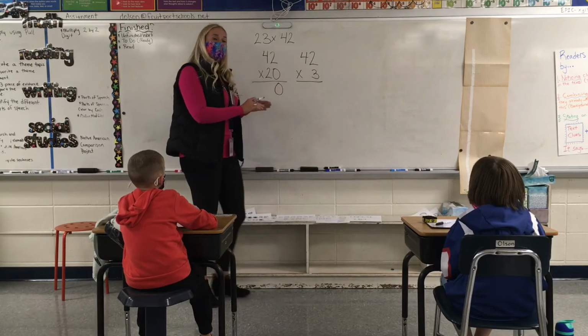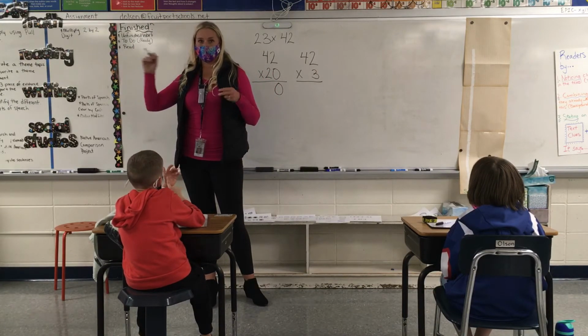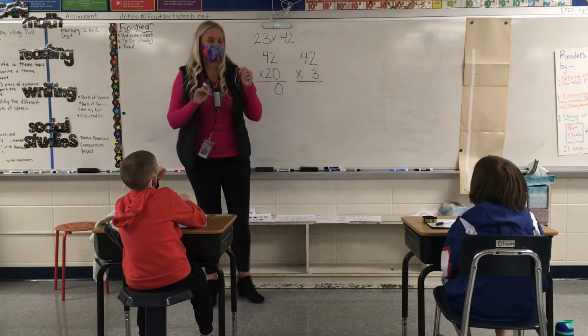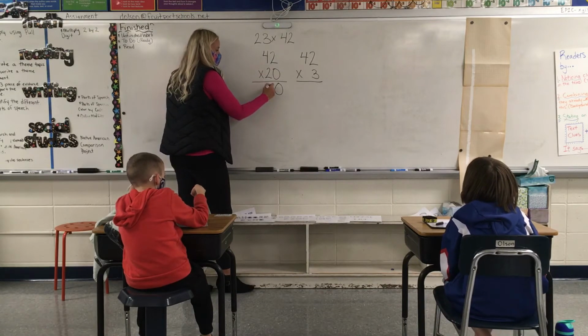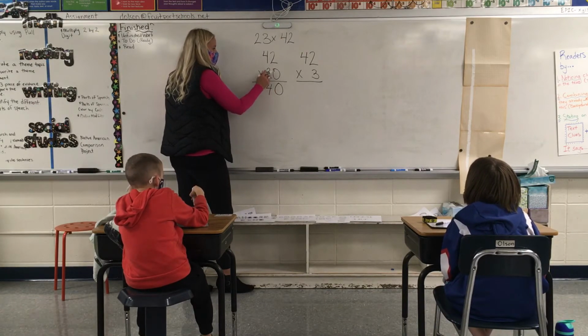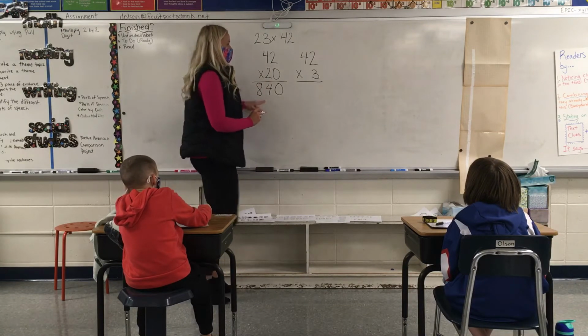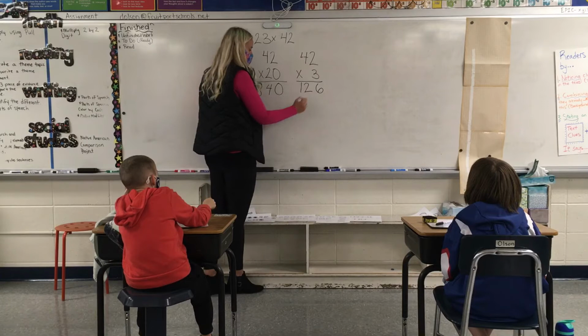Now, reverting back to Tuesday, when we were practicing a 2 by 1 or a 3 by 1 or a 4 by 1, this is the same thing. I have 2 times 2 is 4. 2 times 4 is 8. Okay, and I'm done with that. Now I have 3 times 2 is 6. 3 times 4 is 12.